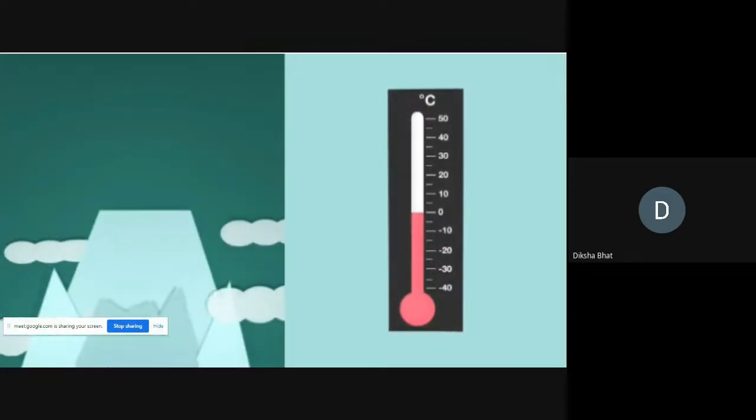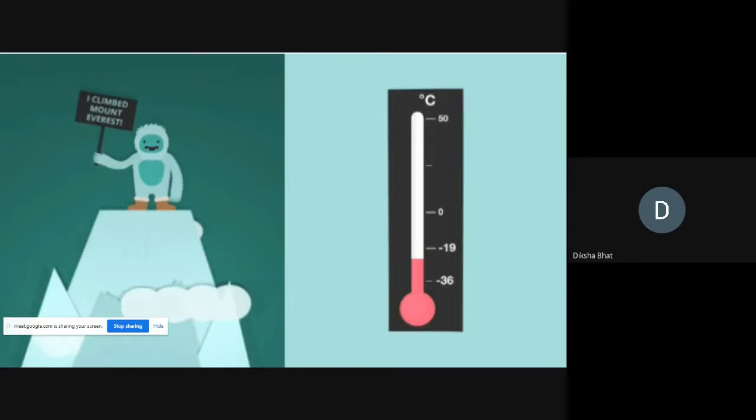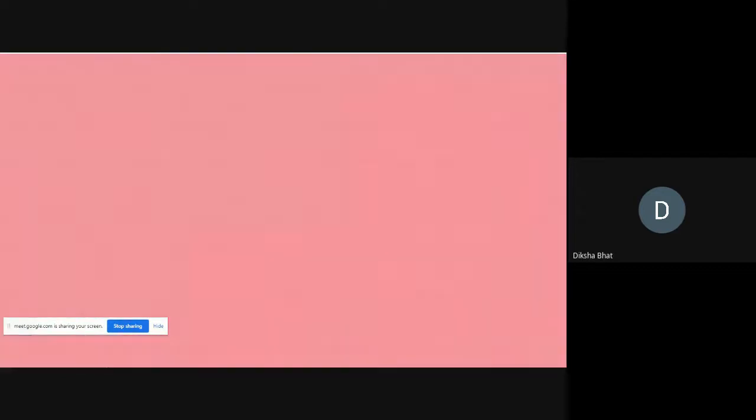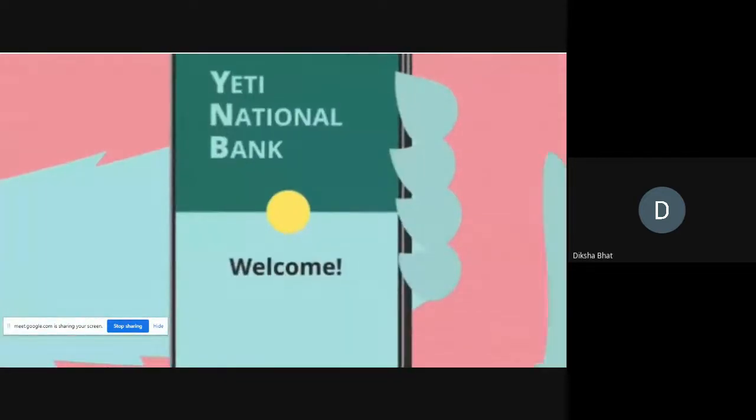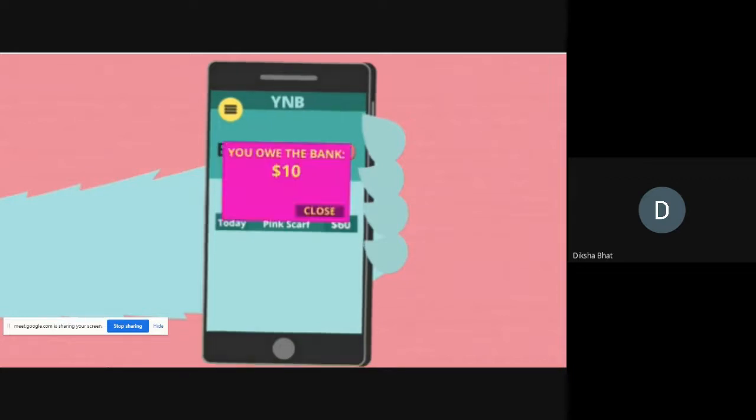For example, did you know the average temperatures at the top of Mount Everest range from negative 19 degrees Celsius to negative 36 degrees Celsius? Wow, that's cold. Negative numbers also appear a lot in finances to show debt. Suppose you have $50 in your bank account, but then you accidentally spend 60. Your account's balance is now negative 10. This means you owe the bank $10.